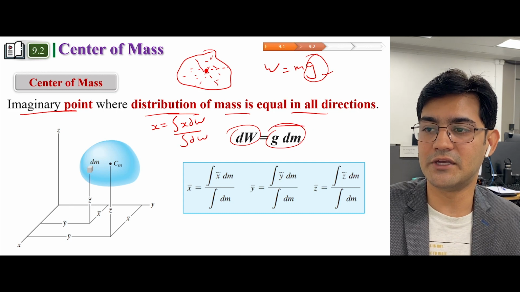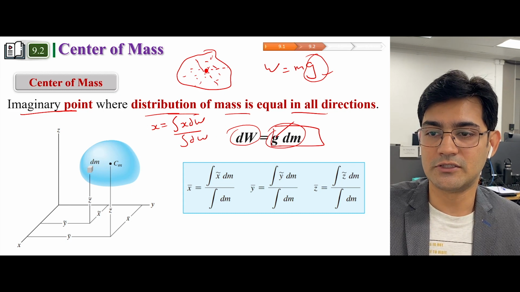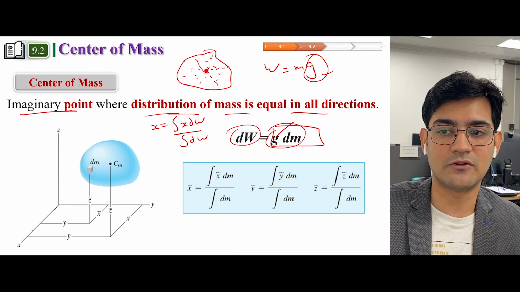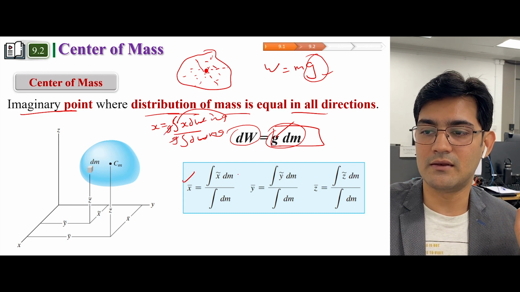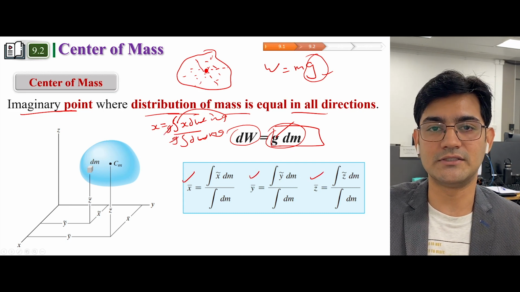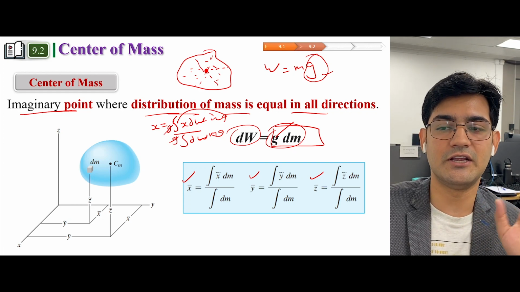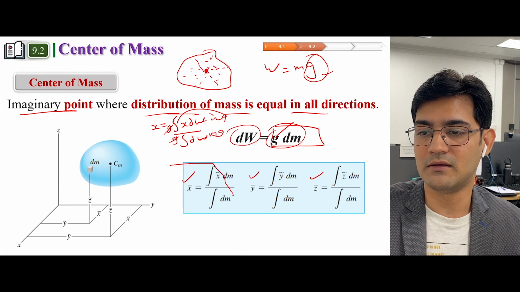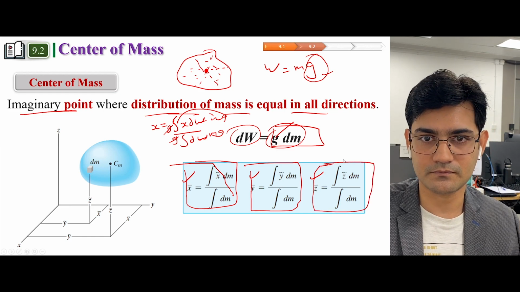Since dw is g dm and g is a constant factor, constants can go out of the integral, and w would be equal to mg, and g can come out and it will cancel out. So you can get the equations for center of mass by just cancelling out this g. So this would be the equations for calculating the center of mass.